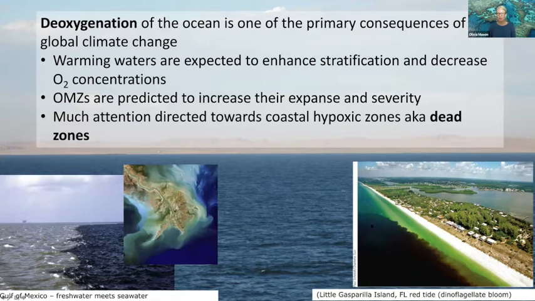But this has the extra problem, which is that often these phytoplankton blooms can be toxic. So we have this as a problem every summer off the coast of Florida, where nutrient input drives phytoplankton blooms, and we have low oxygen, but we also have sometimes toxic blooms forming off the coast of Florida.